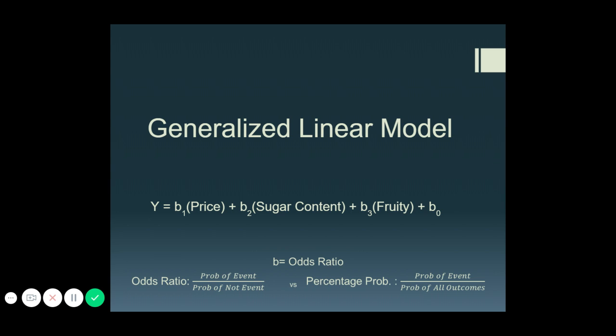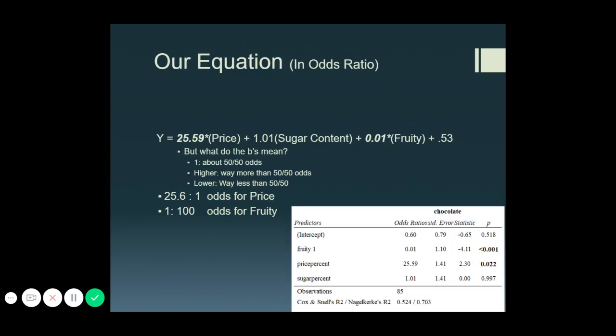An odds ratio is the probability of the event happening over the probability of the event not happening. This is different from the percentage probability, which is the probability of an event happening over all total outcomes possible. So these two are just a little bit different. I'll talk a little bit more about them in a second.